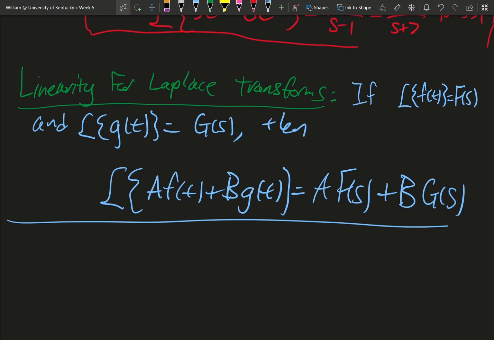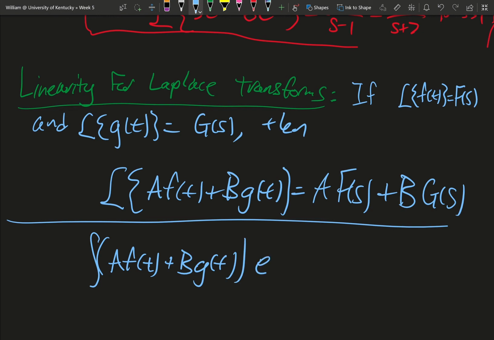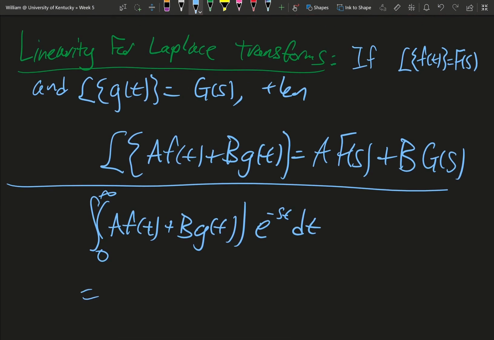And why is this true? Well, because I can always split apart an integral like this.